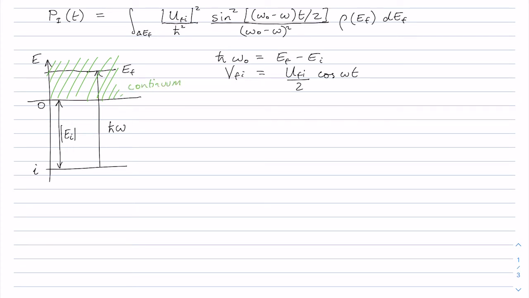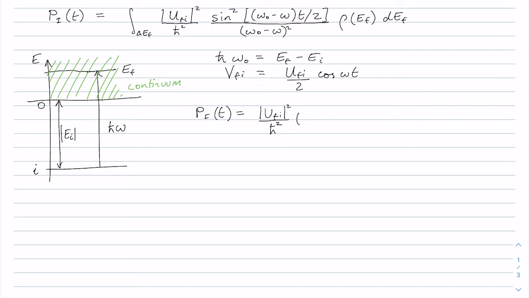So now what we can do is we can look at the density of states around the little bit of E_F that we're going to have. So that is essentially constant. Similarly, U_Fi is going to be essentially constant. So we can write P_i(t). We can take out these constant values. U_Fi is approximately constant in the narrow range of E_F around where the final electron is going to go.